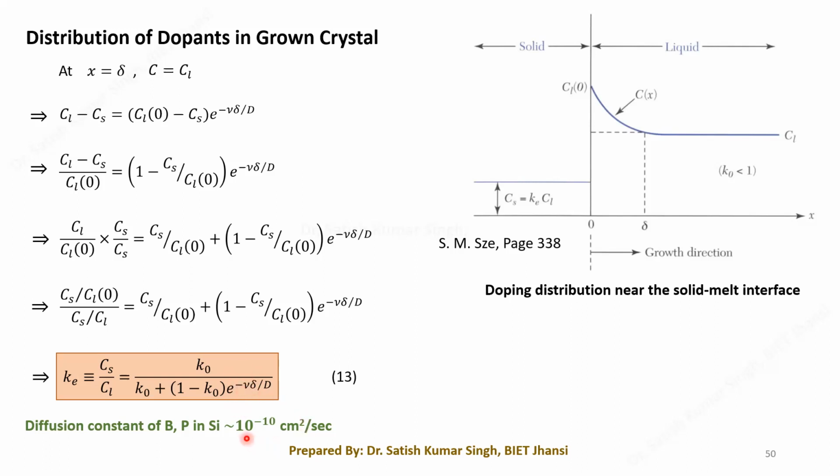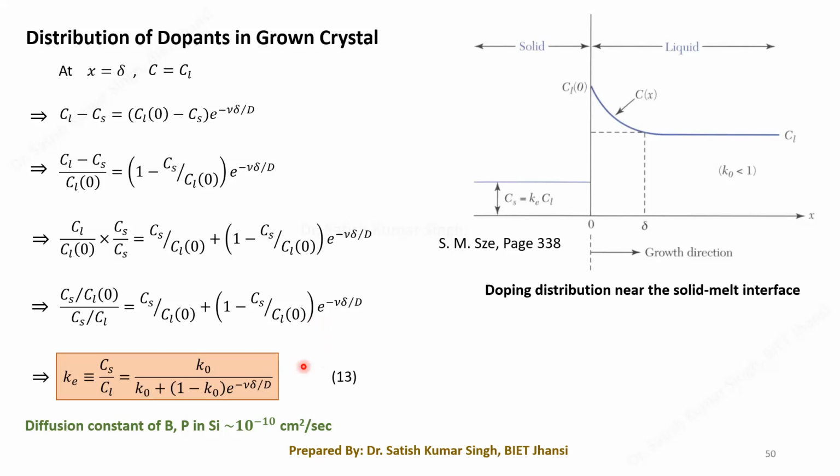So when you substitute this value, because D is in the denominator, this power is going to multiply with this. So we can write minus nu multiplied with delta multiplied with 10 to the power 10. It will become 10 to the power 10 because of the negative sign over here. The exponential has a power of minus 10 to the power 10.